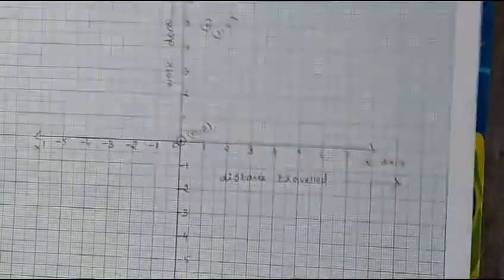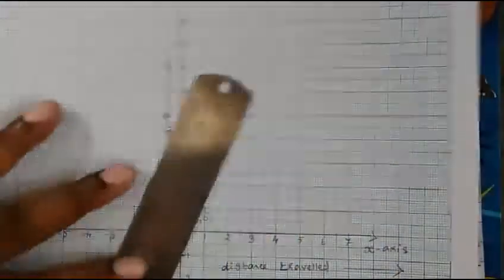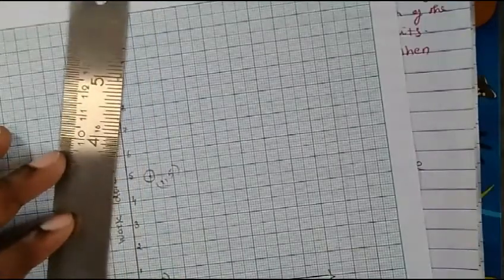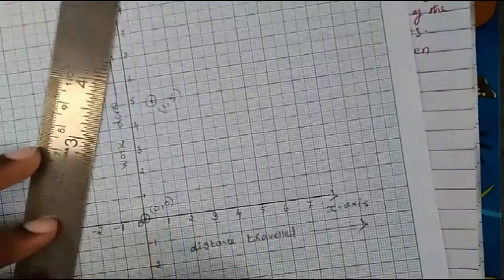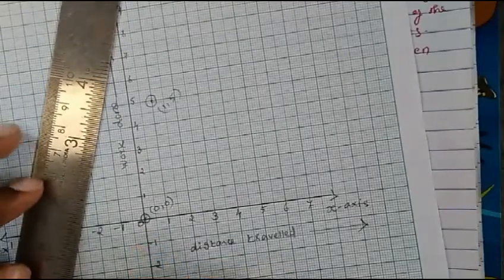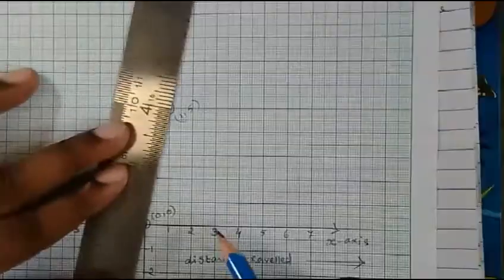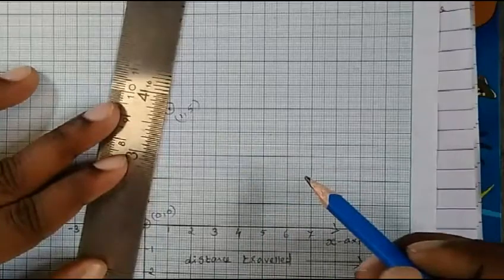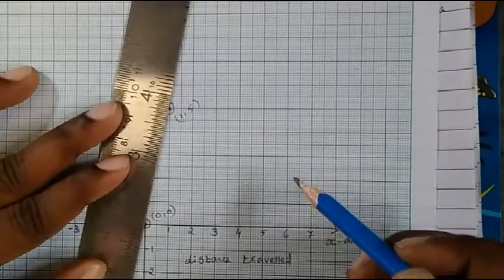Now you join both the points. We will not draw towards the negative side. We will not draw the line down, because work cannot be negative. So from here only we will start, and you have to join both the points.